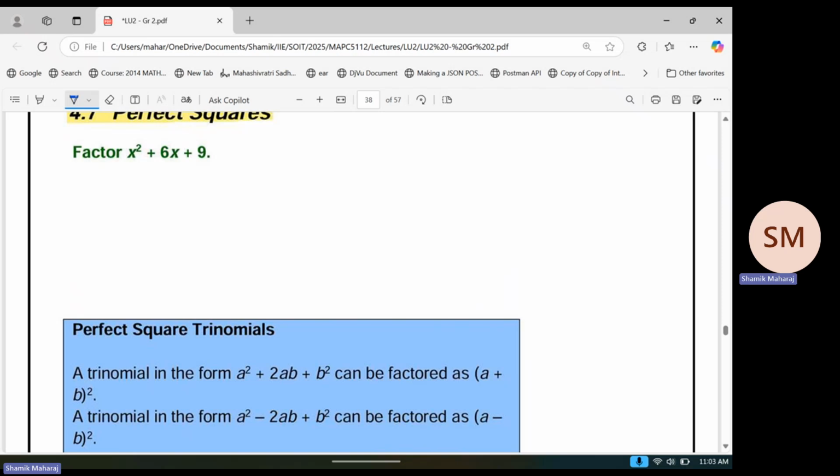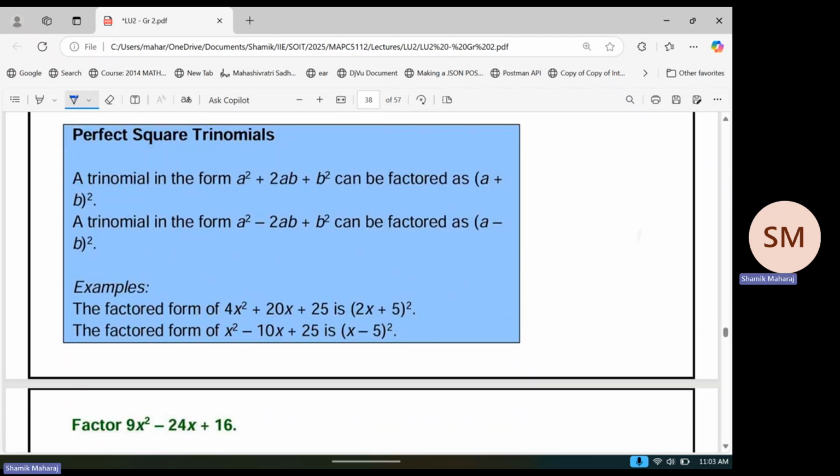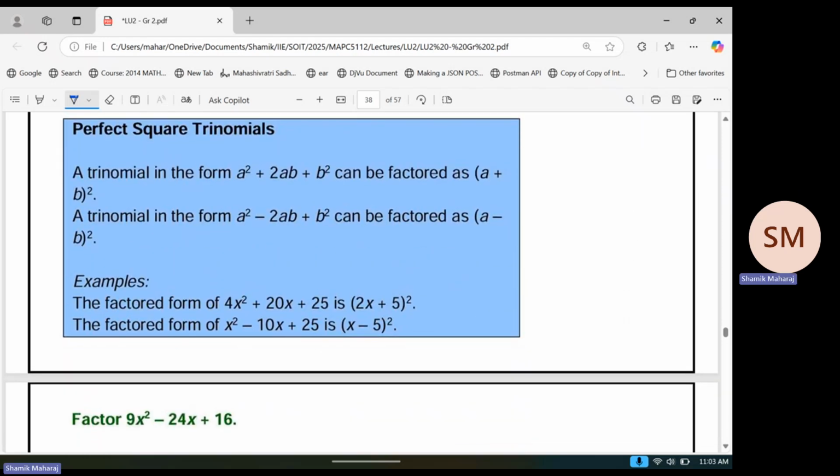I'm looking at this one up here, comparing it with the rules down here. The rules come with some examples to look at if you want. If you have something of this form, it can be factored like this. So the form above is a squared plus 2ab plus b squared.